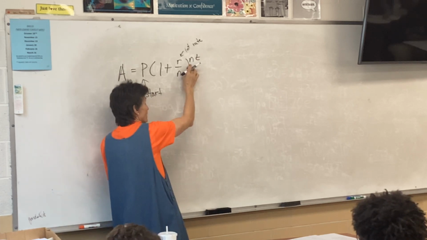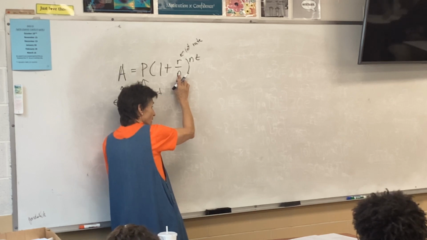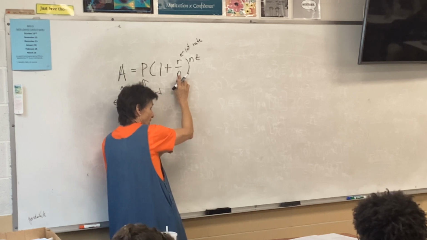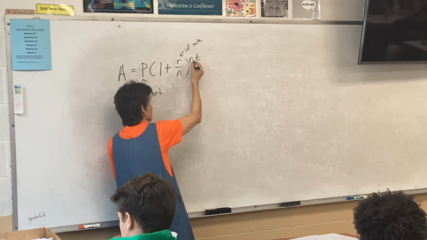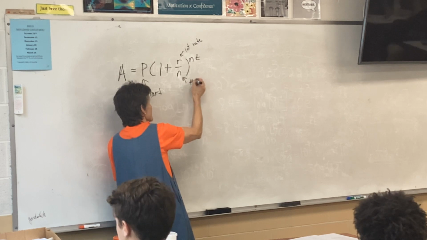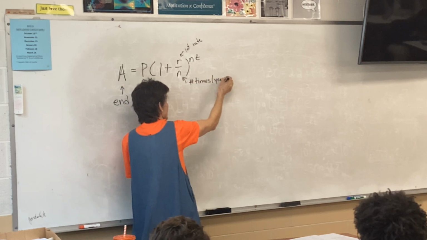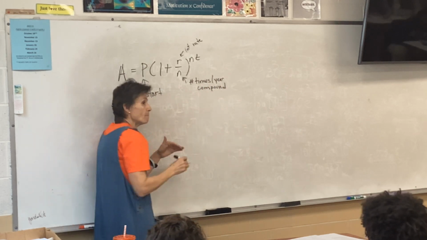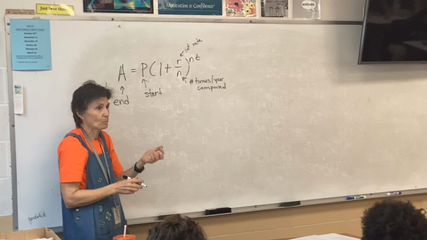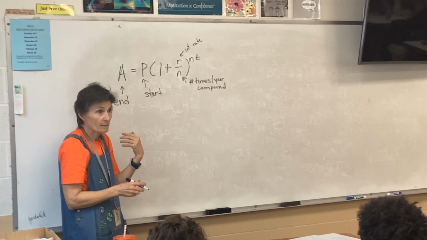And there are 2 of them in the formula. Anytime a letter is in a formula more than once, it always stands for the same thing. So both of these N's stand for the number of times per year that you compound. So in a compound quarterly situation, N is 4. Monthly, it would be 12.